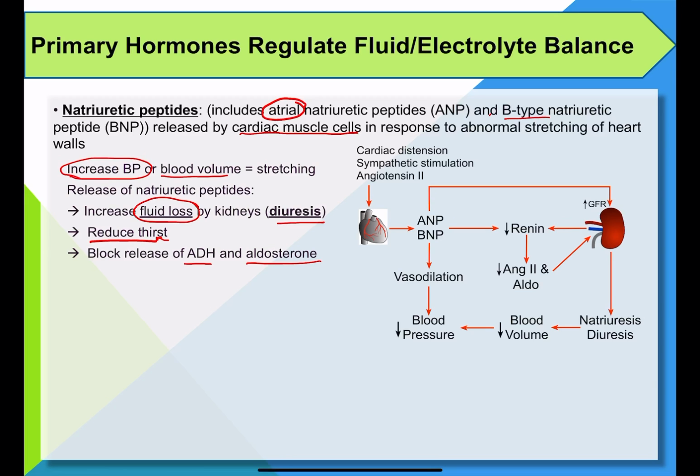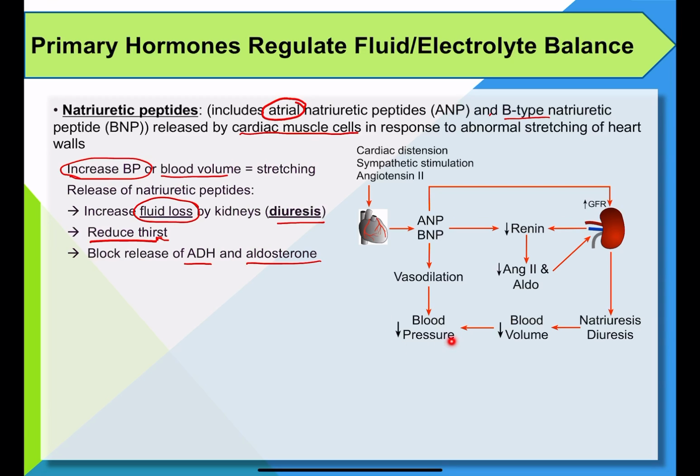Okay, so this chart kind of summarizes what we went over in the last chapter. Remember, if your cardiac muscle cell senses that abnormal stretching, it is stimulated to release ANP and BNP. A couple of things it does. First, it induces vasodilation, which directly brings down blood pressure.